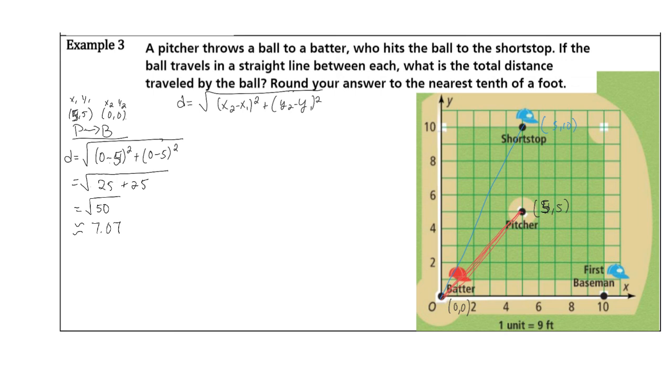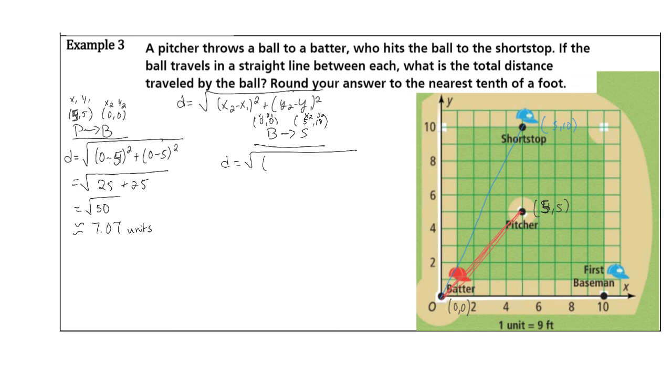So that's 7.07 units. Our next one is batter to shortstop. Batter is again 0, 0, so that's our x1, y1. Shortstop is at 5, 10, so that's our x2, y2. So let's use our distance formula.